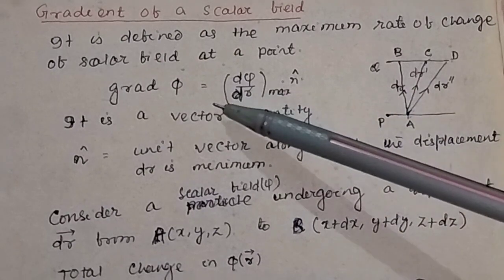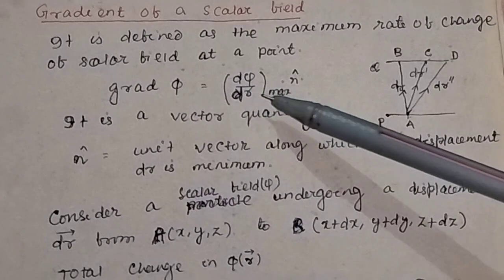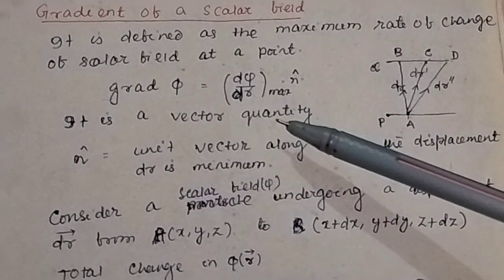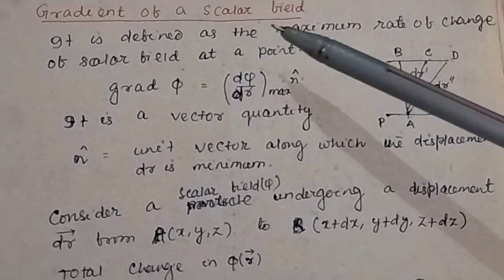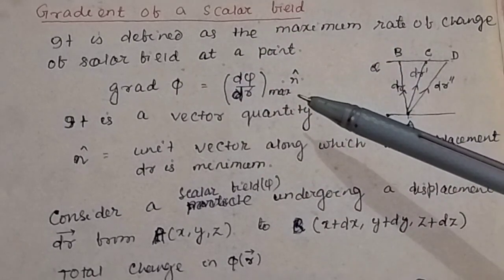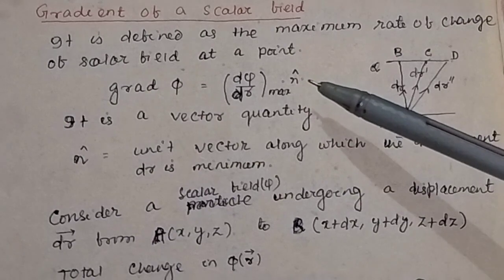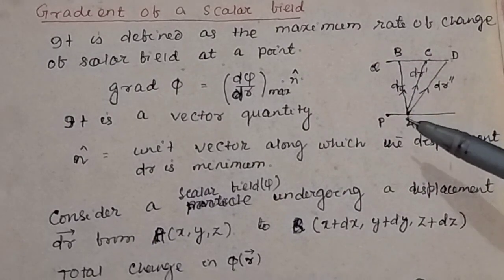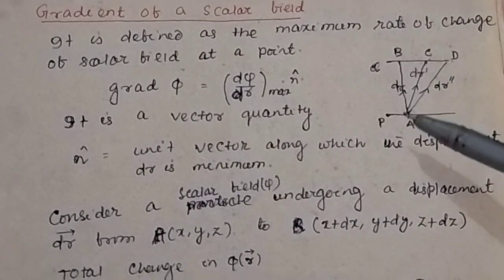That means grad phi is a vector quantity. So you have to remember that the gradient of a scalar field is a vector quantity, and n cap is the unit vector along the displacement dr in this direction where the displacement is minimum.